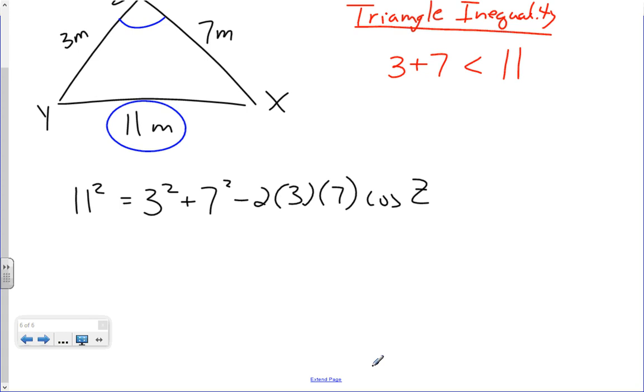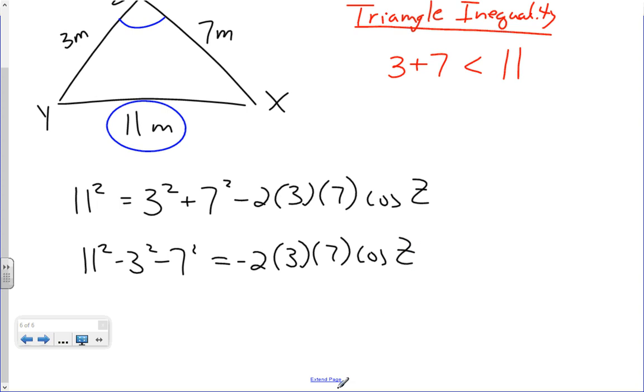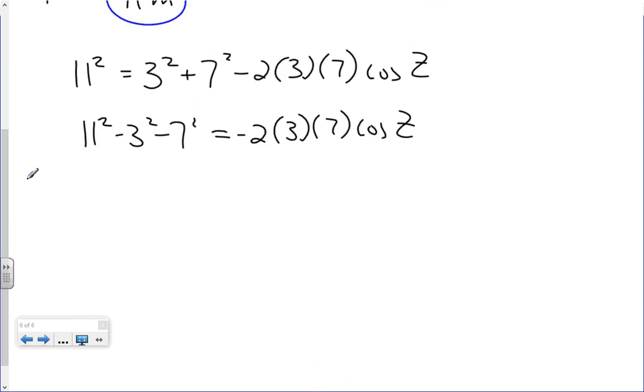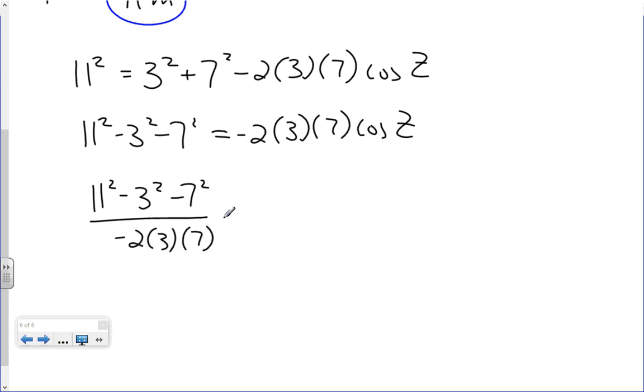You're going to subtract the 3 squared and the 7 squared, and then divide by the coefficient in front of cosine of Z. So we've got 11 squared minus 3 squared minus 7 squared, divided by negative 2 times 3 times 7. That's equal to the cosine of Z.